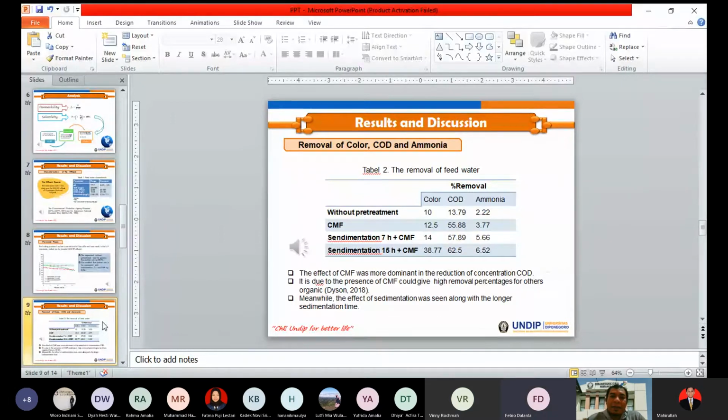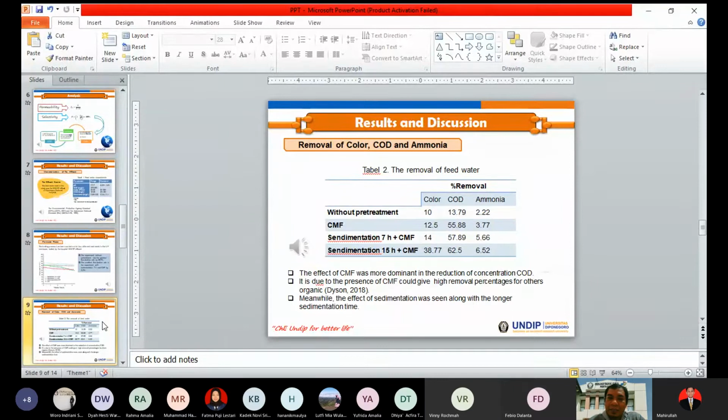Yeah, I think this result is in accordance with the other, because as you can see here in table 2, with the sedimentation at 15 hours, more and more total dissolved solids will settle down due to gravity. So you can see the color removal is higher at 15 hours.